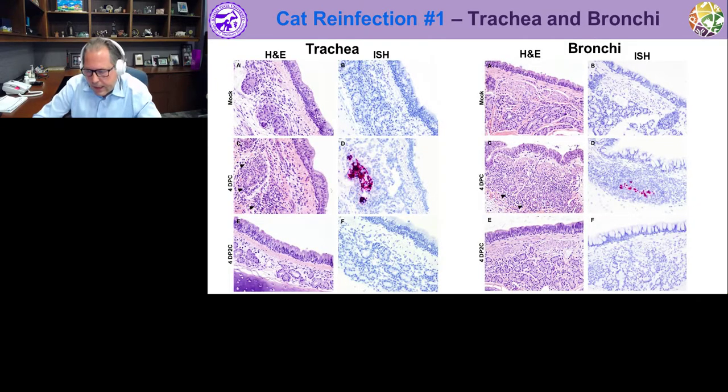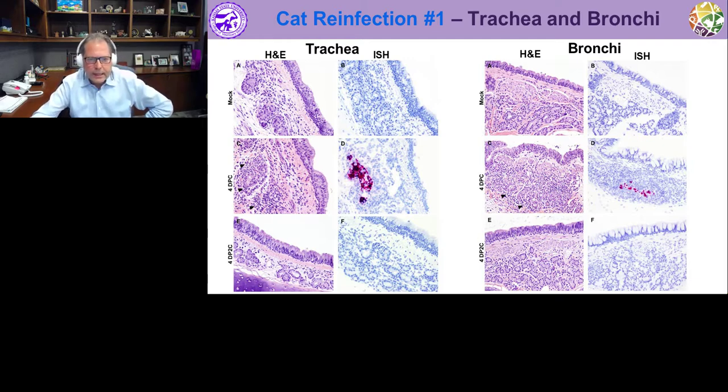We looked at the histopathological changes in these animals. On the left, trachea with H&E and in situ hybridization, and on the right, bronchi. And as you can see, in the upper part are the mock-infected animals. In the middle are the primary infected animals on day 4 post-challenge. And in the lower row, we have the reinfected animals also on day 4 post-reinfection.